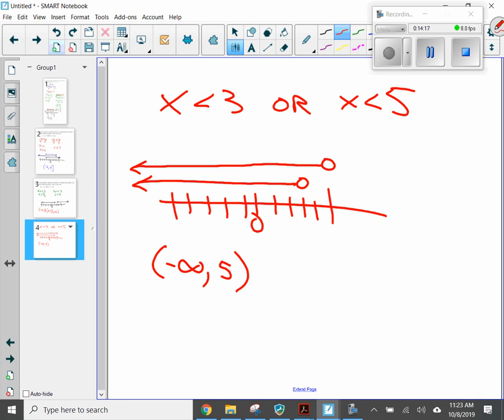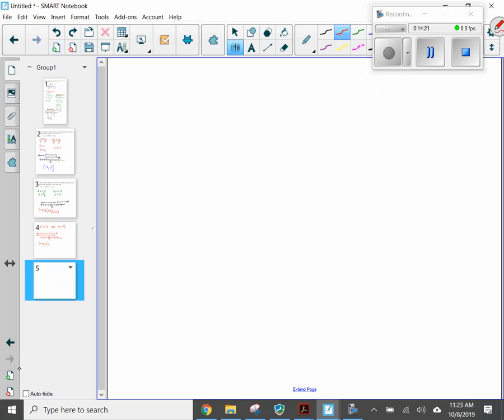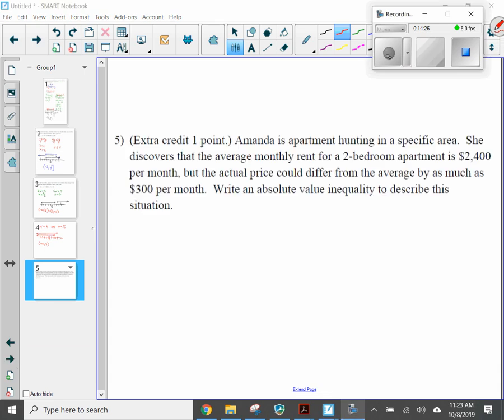Okay. Then the last one was extra credit, and oh, I know. Let me just. So here is the average monthly rent right there, $2,400, and we want to write an absolute value inequality to show the relationship between the actual price so that it doesn't differ from the average by more than $300 per month.